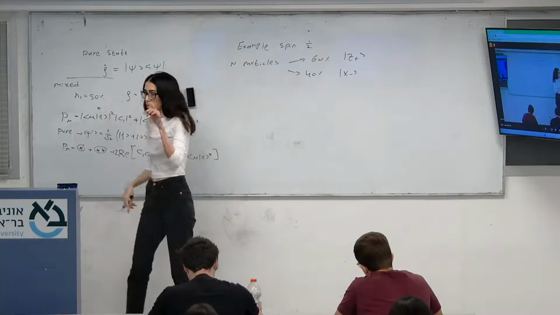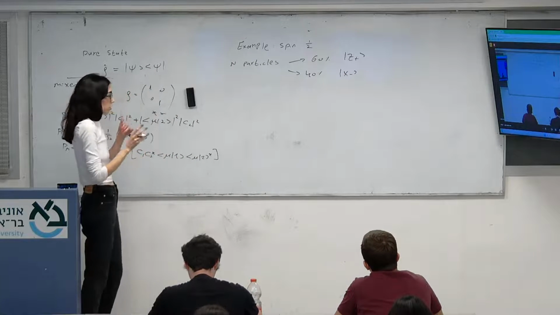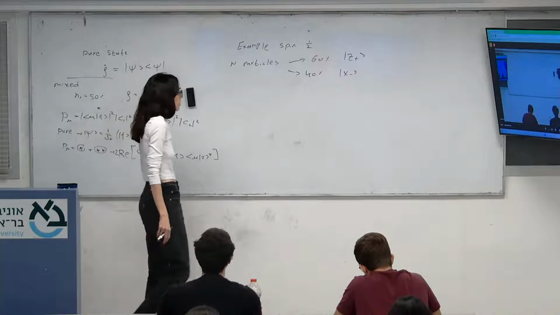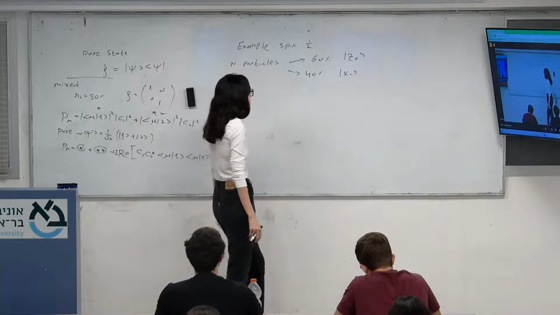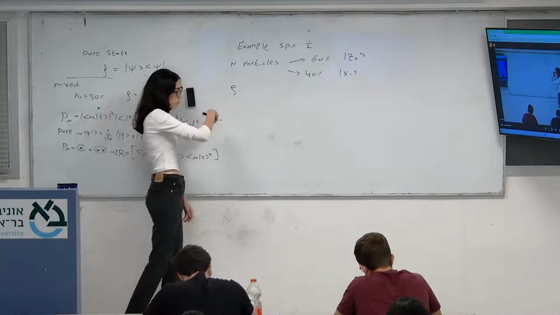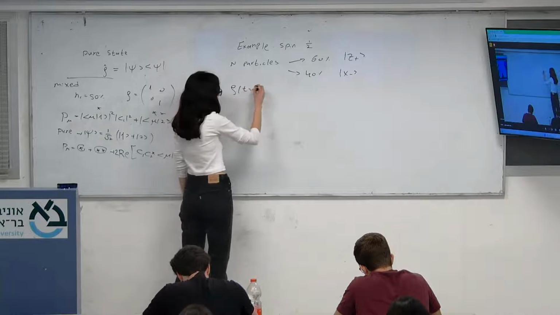So remember, for quantum mechanics, I can look at the projection in Z direction, in X direction, or in matrices, all of that. So what I want to calculate is the density matrix for t equals 0.